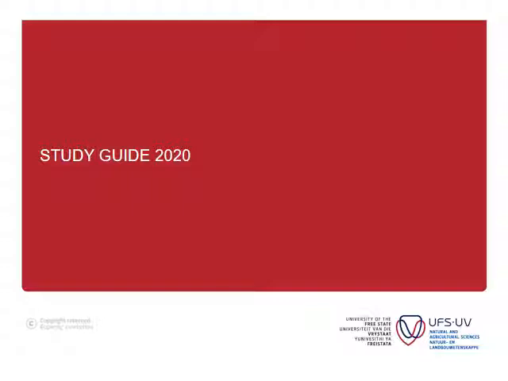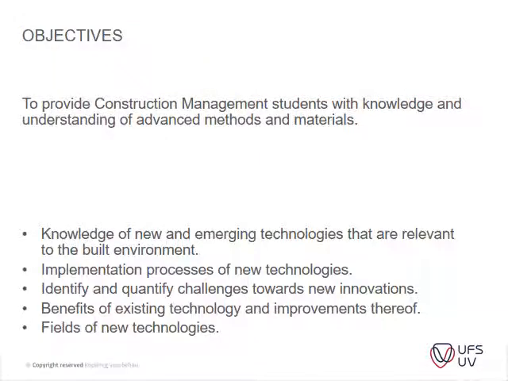So let's get into our study guide for 2020. The main objective of this module is to provide the construction management students with knowledge and understanding of the advanced methods and materials. We're going to focus a little bit more on the advanced methods. We're going to touch on the materials in our videos in a more informal way.